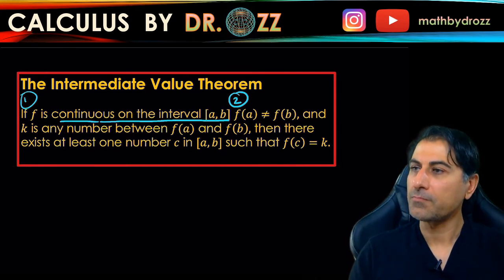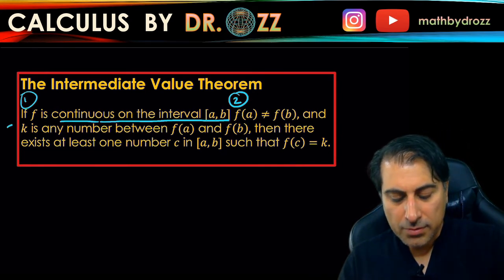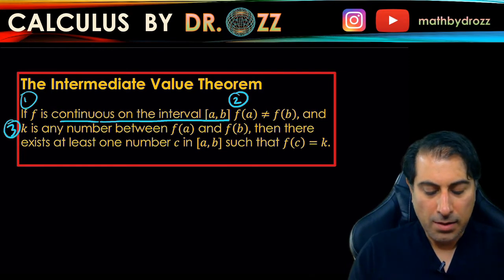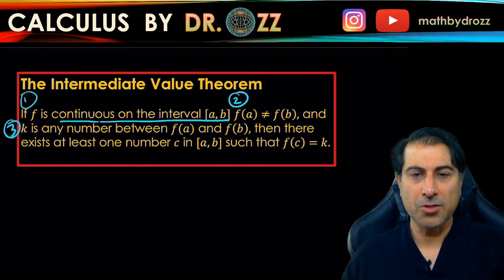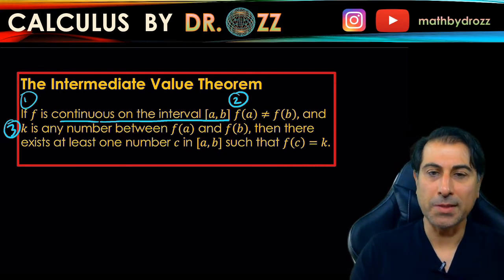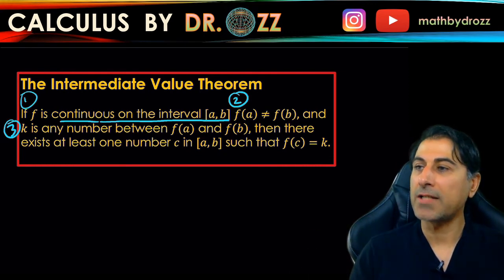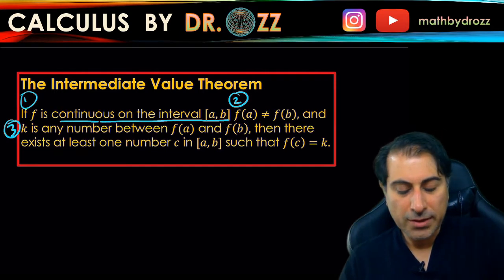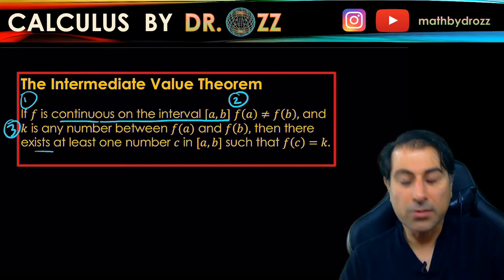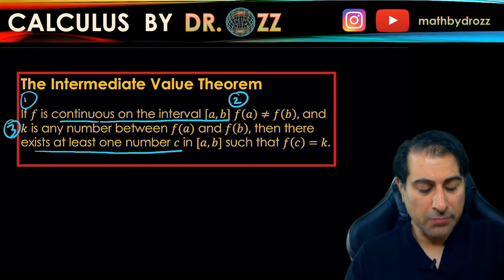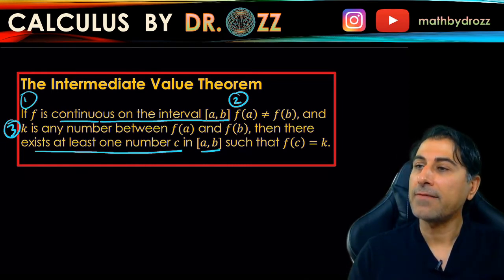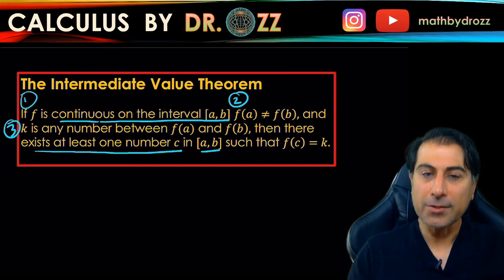Number three, k must be a number between the function values f of a and f of b. So if all three conditions are satisfied, then there exists at least one number c, so it could be more than one, in the closed interval [a, b], such that f attains the value of k at c.